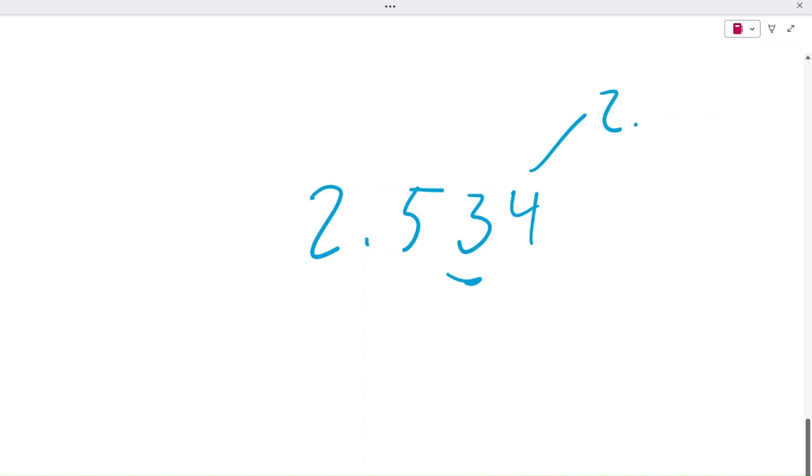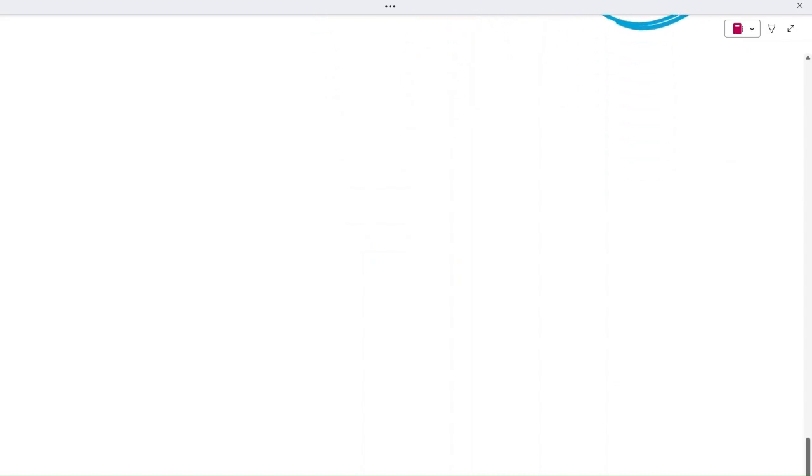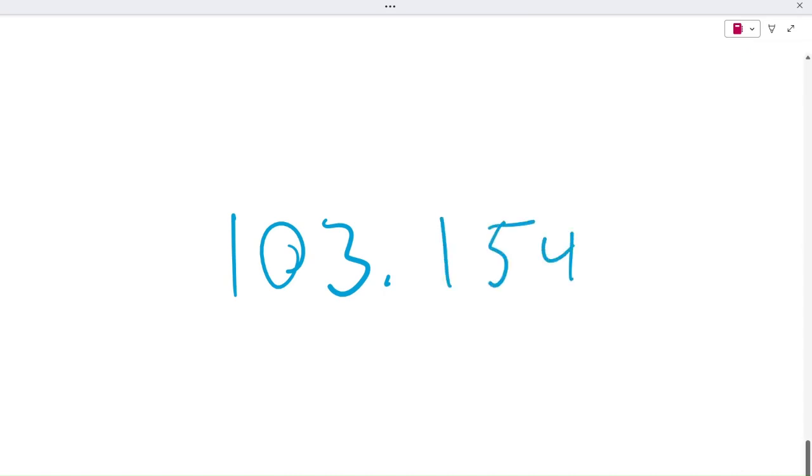Say we have another example of 2.534. Well, we look at the 3, so we get 2.6 or 2.5. With 3, we know to round down, so we get 2.5. Let's try another example. Say we have 103.154, and we round to the nearest 10th.